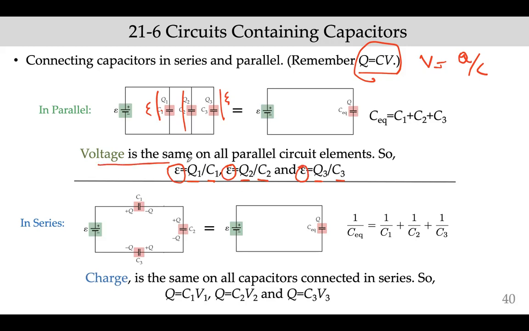Because the voltage is the same on all parallel circuit elements. And if you want to find the total Q, you can find the equivalent capacitance, and then from this equation, you would write Q equals C equivalent times the voltage. This would give you the total charge.